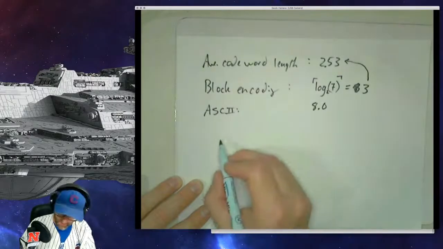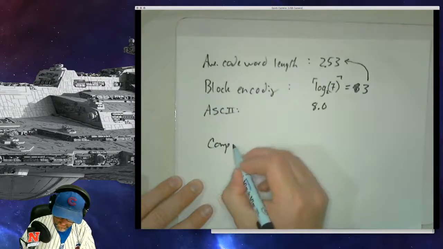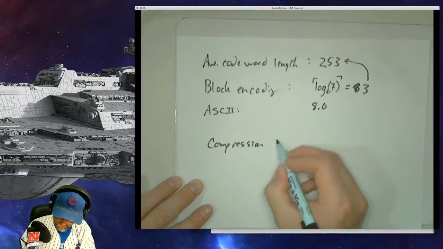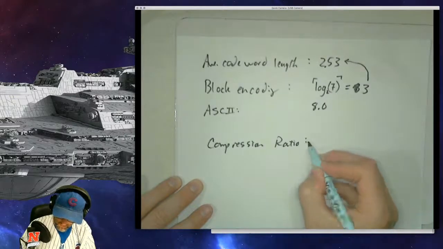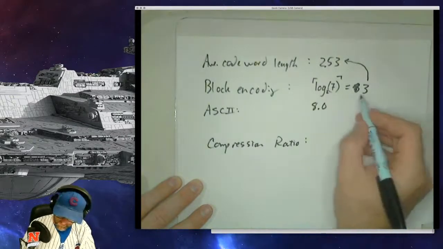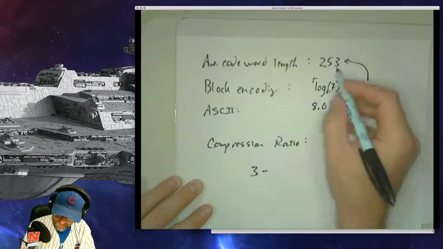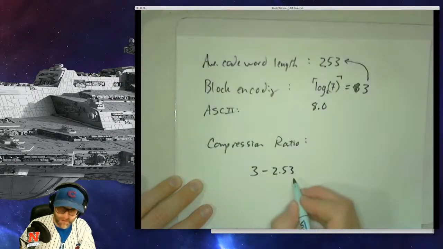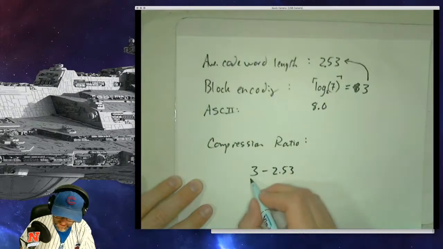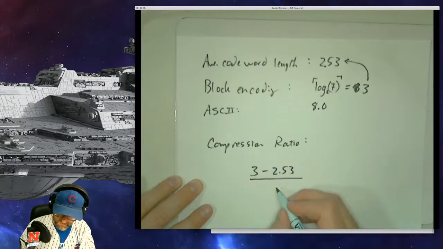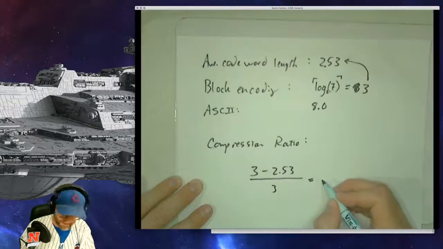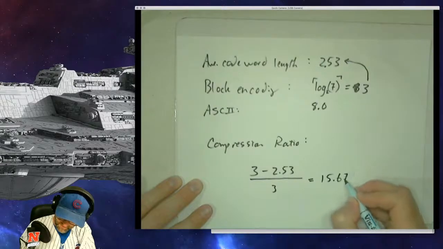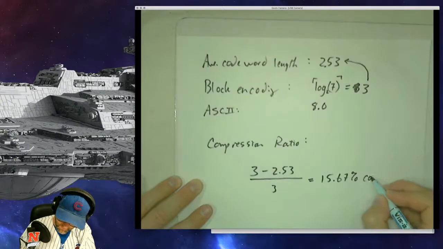In other words, if we want a compression ratio, it's going to be the block encoding value minus the average code word length. In other words, how many bits on average did we save? Then divide that by the block encoding, and that gives us a 15.67% compression rate.